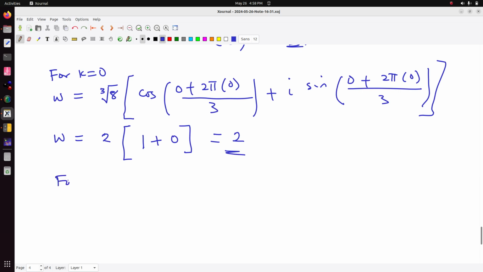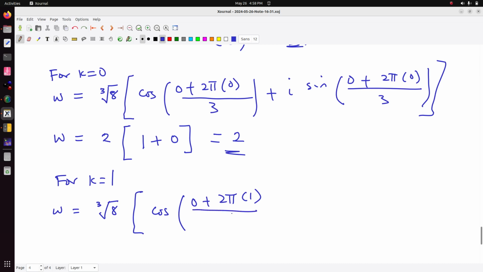Now, for k equals 1, we have w equals still the cube root of 8. Then cos of theta, which is 0, plus 2 pi k, k is now 1, divided by 3, plus i sine, same thing, 0 plus 2 pi k, k is 1, divided by 3.